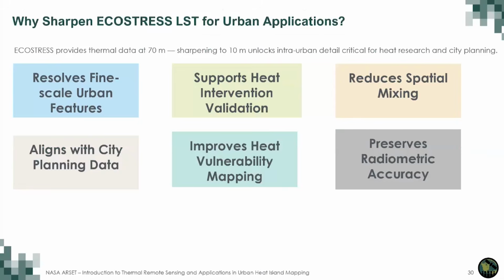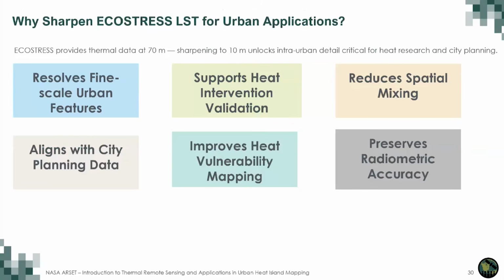It lets us validate heat interventions at the scale at which they're actually deployed. So think of cool pavements being applied over cities, cool roofs. It also dramatically reduces our mixed pixel error, especially in heterogeneous neighborhoods. It aligns with the parcel level planning data that city agencies actually already use.